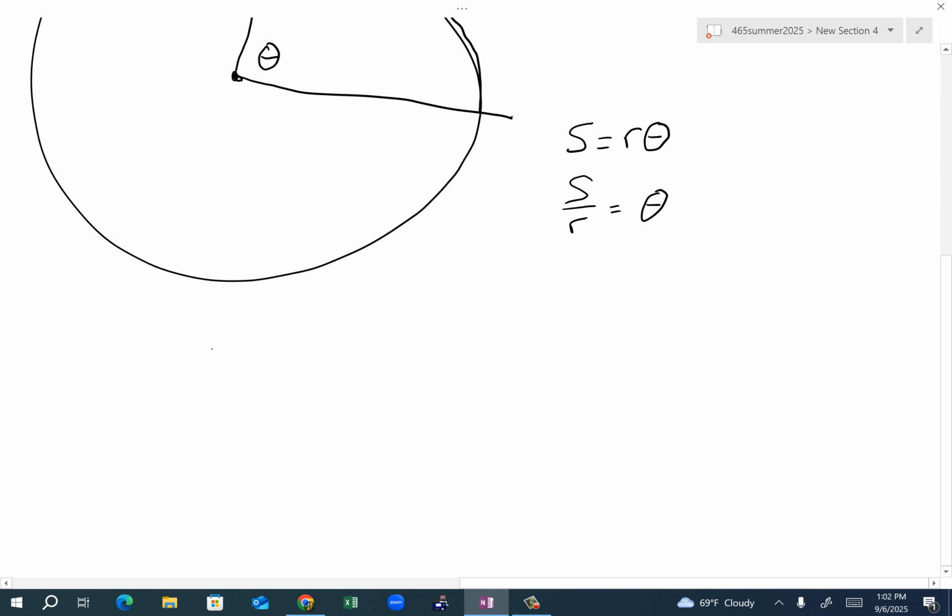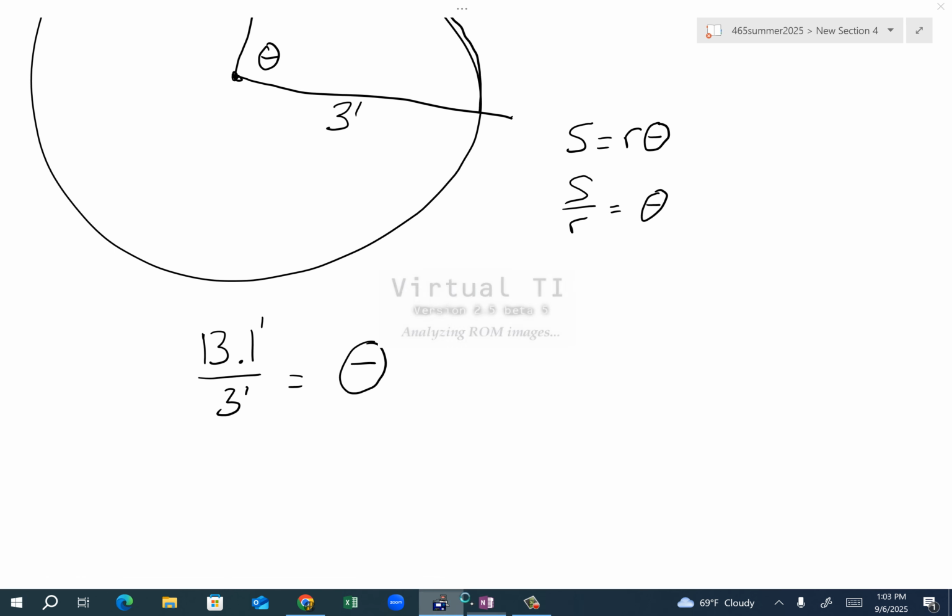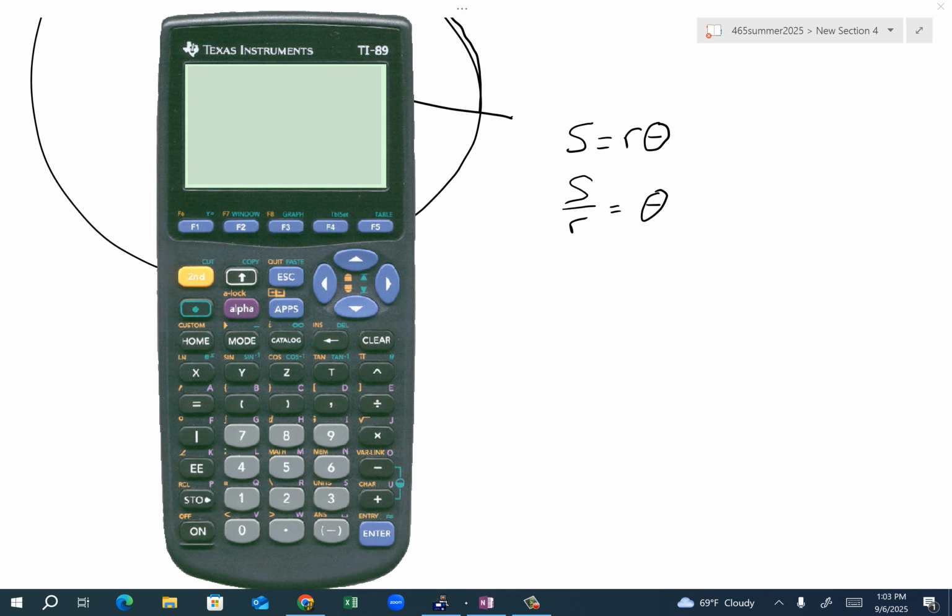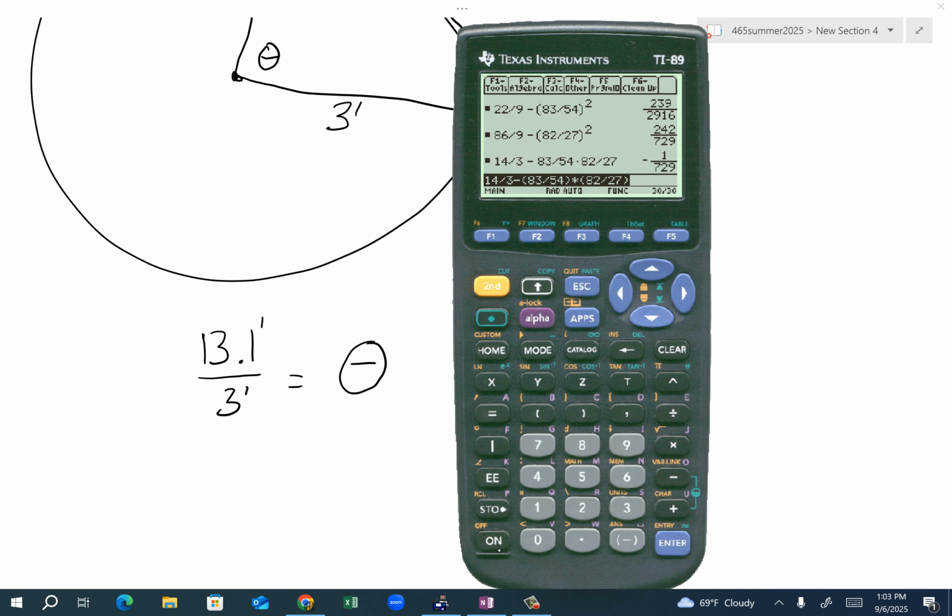So if I tell you that we rolled 13.1 feet on some wheel, and this wheel has a 3-foot radius, then we turn this many radians. So 13.1 divided by 3 is about 4.36 radians.